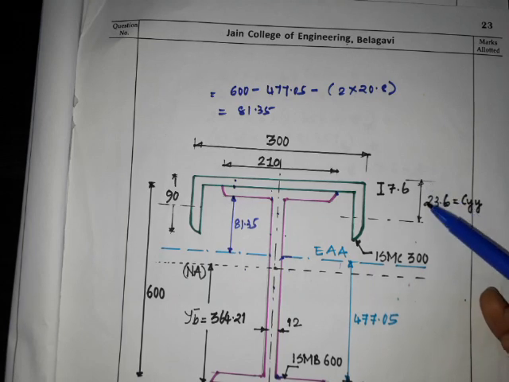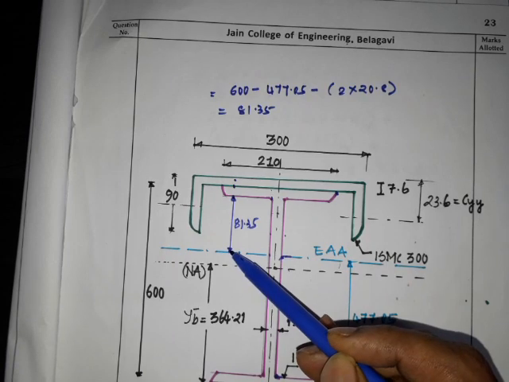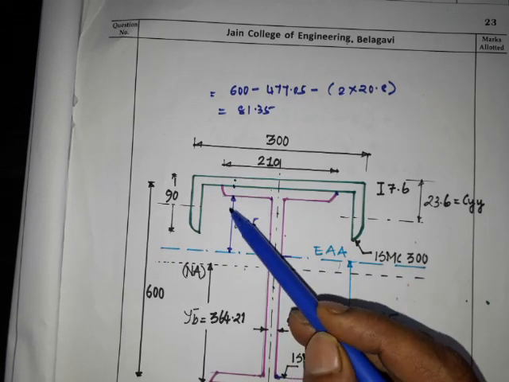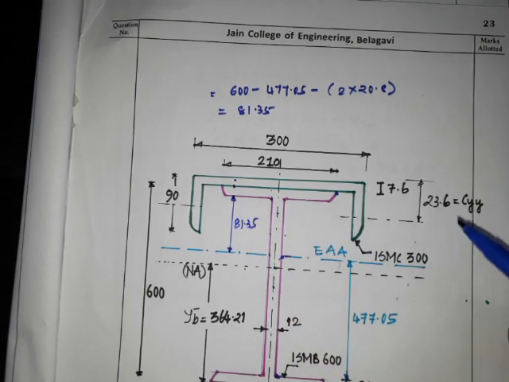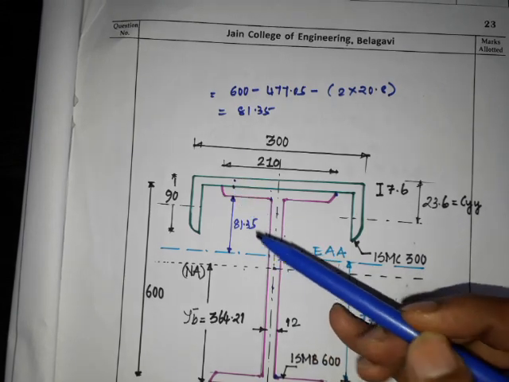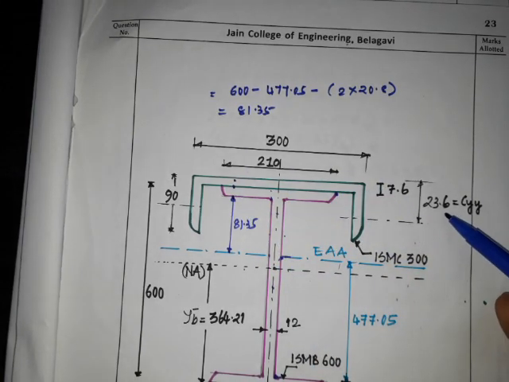So what is this distance? It's the centroidal distance from top. We have calculated up to the top of the channel, then you have to deduct to get back to the center. So it is 81.35 plus 20.8 plus 7.6 minus 23.6. Understood?